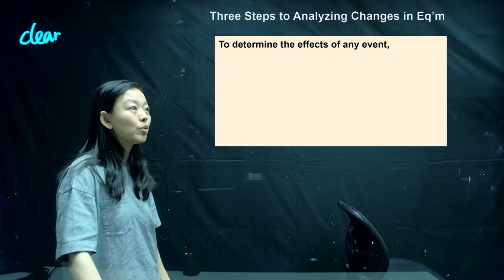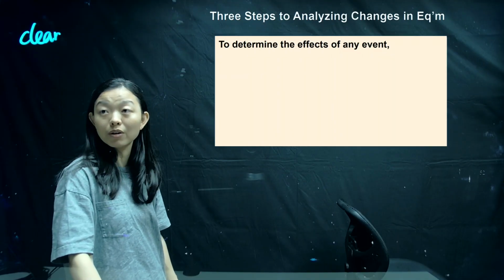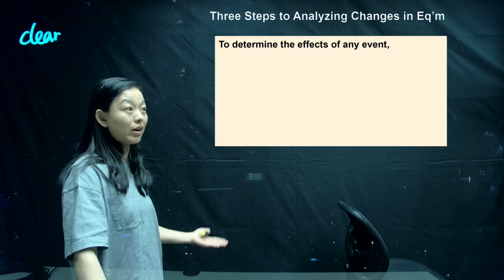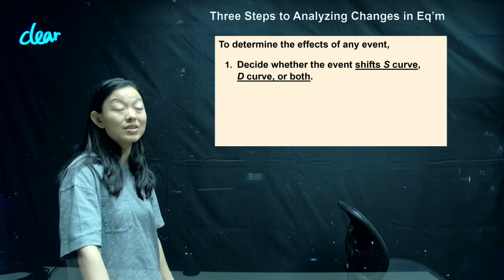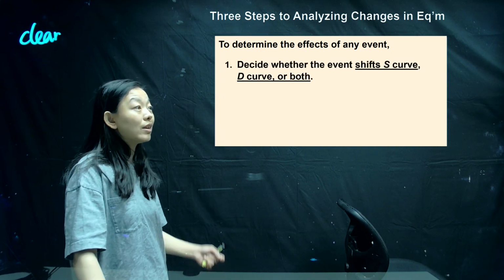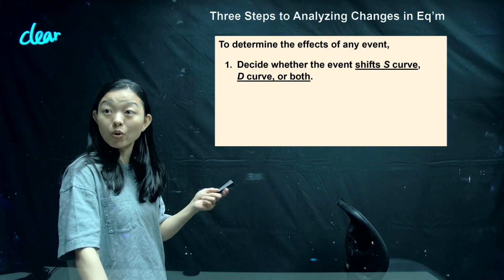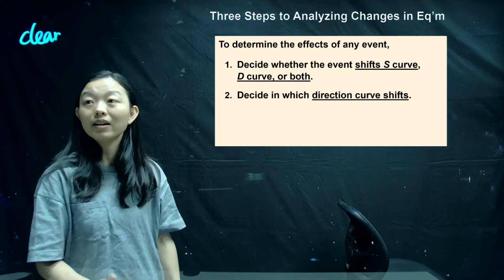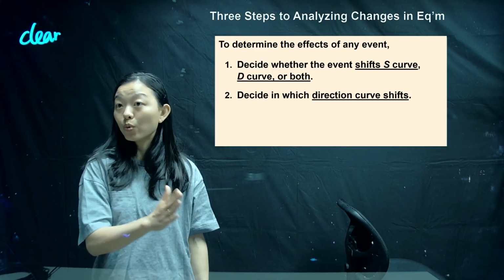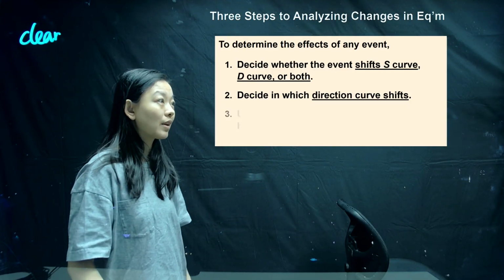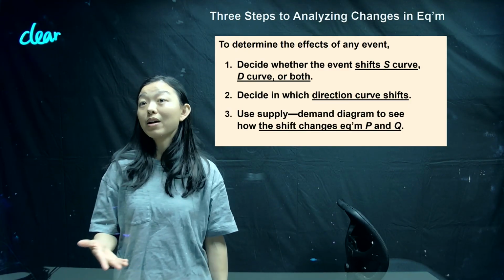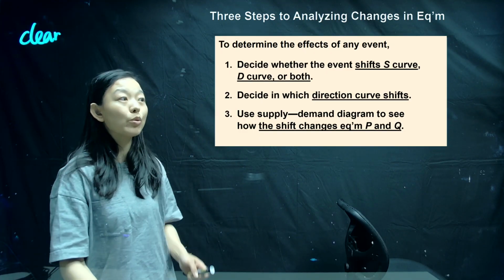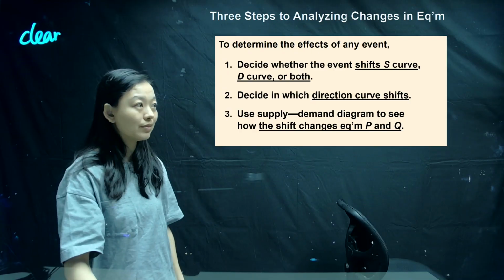The first step, we will determine whether the event will shift the supply curve or the demand curve. And then we will decide which direction, either shift outwards or shift inwards. Finally, we will use the demand and supply model to find the new market equilibrium. So there are three steps. I will use an example to talk about it.